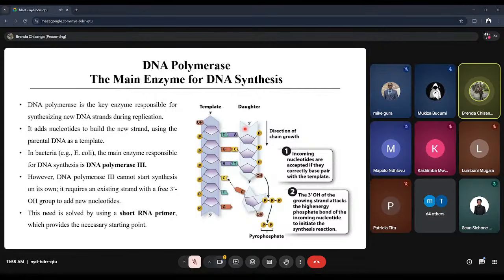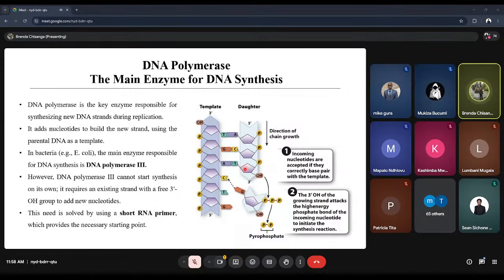But then let's go to DNA. In DNA synthesis, the enzyme polymerase cannot initiate synthesis. And by that I mean it cannot add the first nucleotide on its own. It needs help. So to prepare this place for other nucleotides to be added by DNA polymerase 3, a short segment of RNA is synthesized.